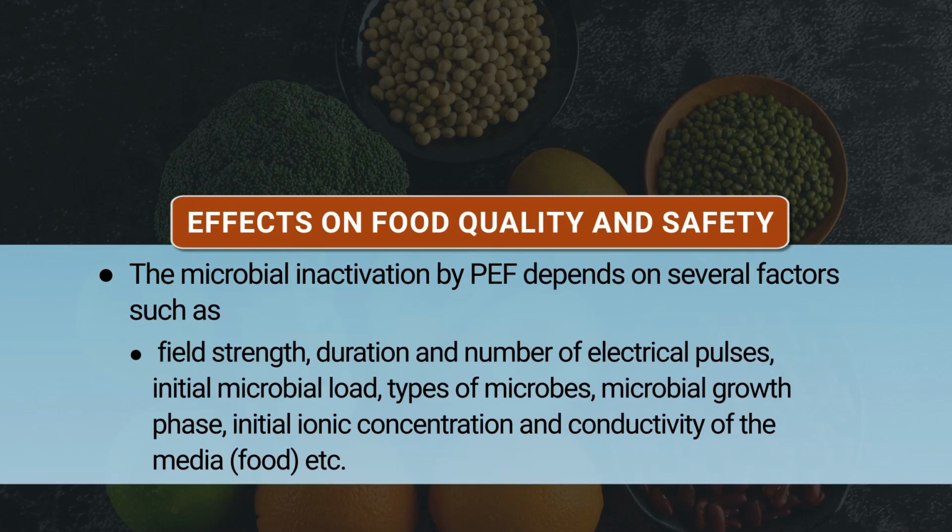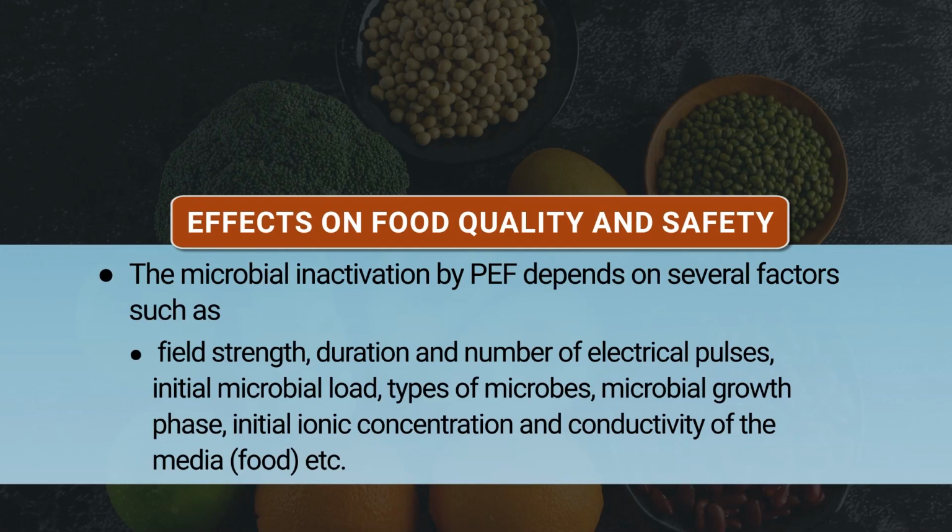Here, like in thermal processing, what do we consider? We consider temperature, we consider the process time. They are two important aspects other than the sensitivity of the product to heat. In this particular case, there are variables which could be included: field strength, duration, number of electric pulses. Means there is a pulse, and how many pulses? A pulse is there for a certain time.